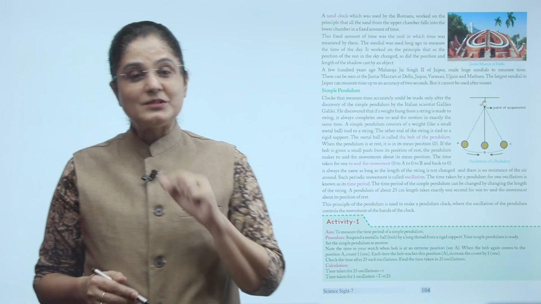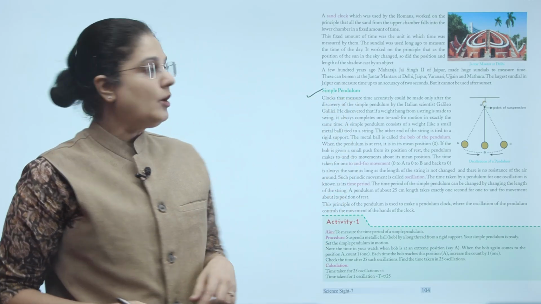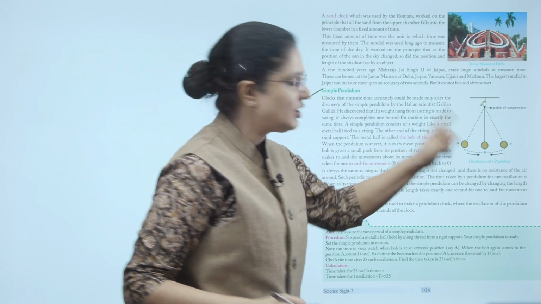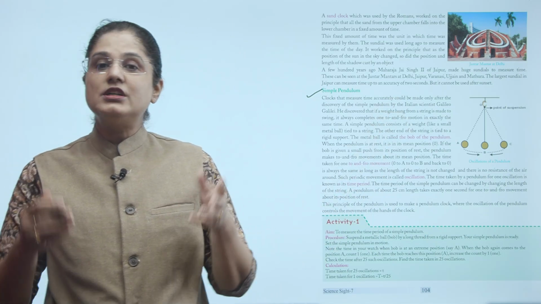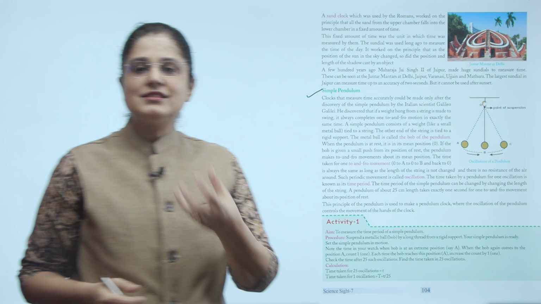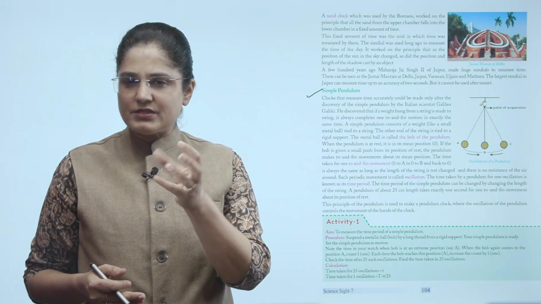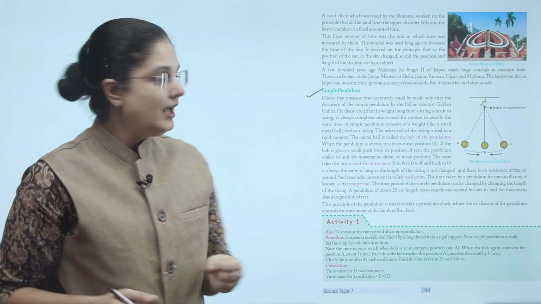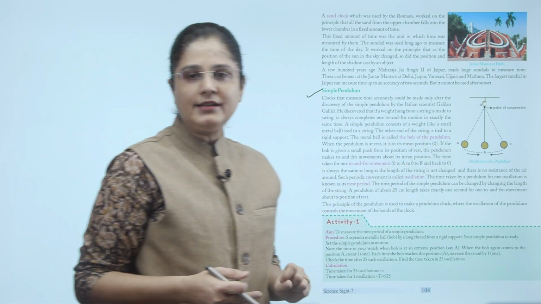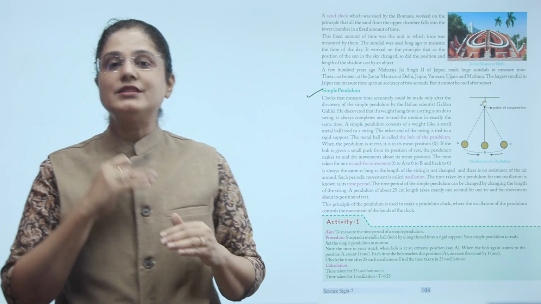Now this brings us to the simple pendulum. As you can see in this image here, the simple pendulum works on the principle that there is a string with a heavy weight, perhaps a small metallic ball, attached at one end, and this string is attached to a support that remains constant.